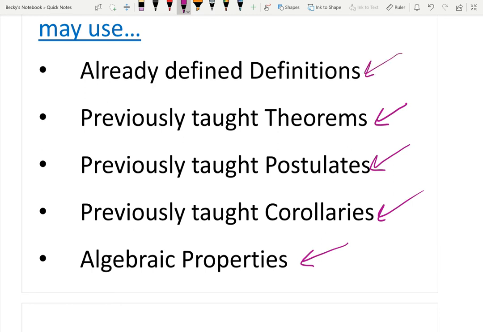So the idea of a proof is we're going to use everything that we've ever learned within this course to help justify it. So it's not like algebra where you just learn a topic and you do it that day and you move on. You have to remember everything that has been taught, which is very difficult. And that's why I allow you to use your reference sheet, which is your theorem and postulate sheet.